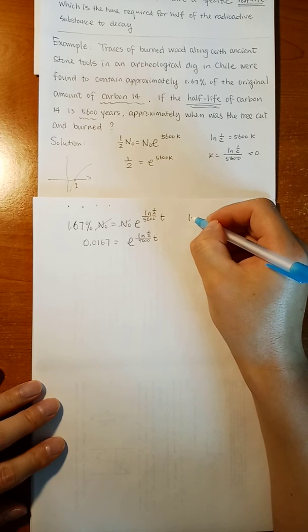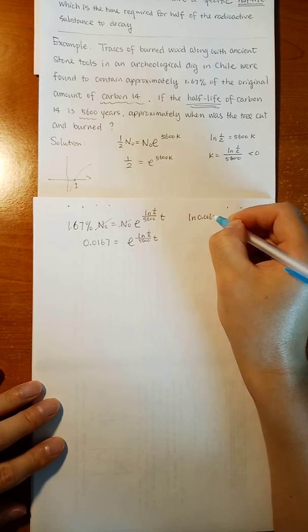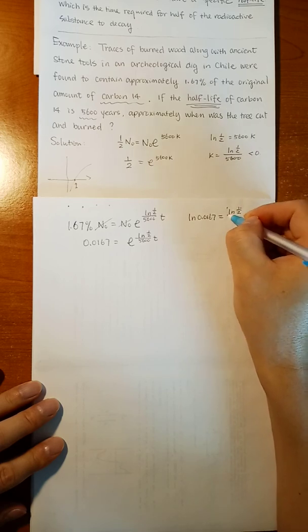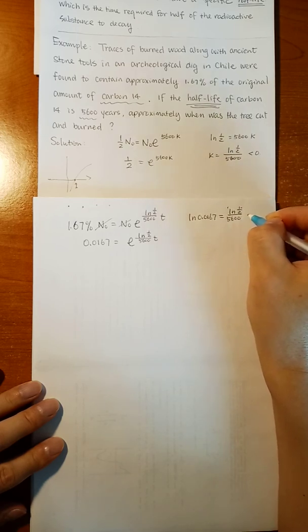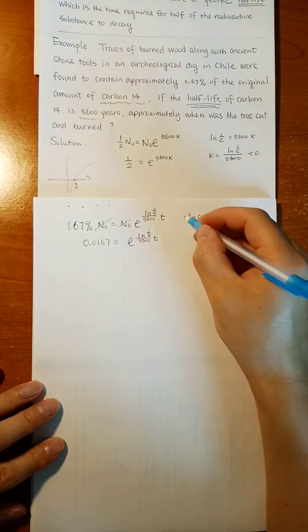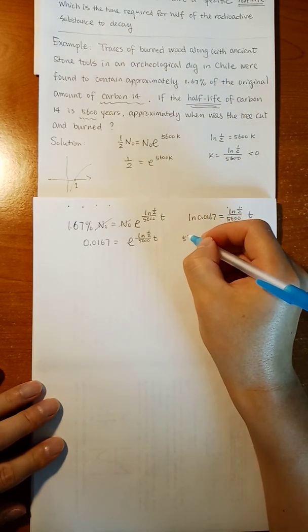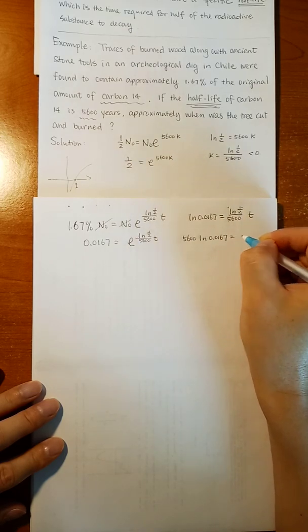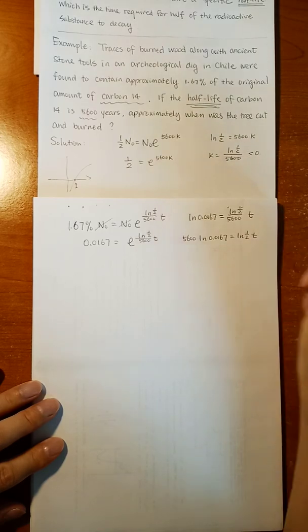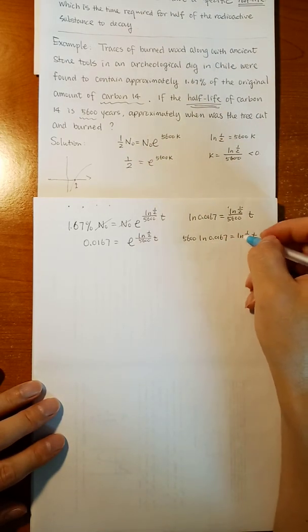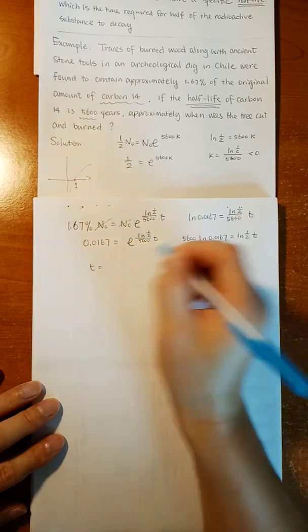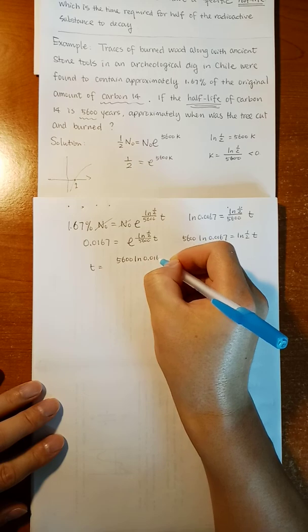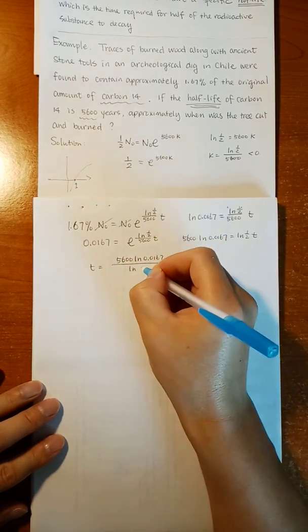Again, we get the natural log of 0.0167 is equal to the natural log 1/2 over 5600 times T. So we move this 5600 to the left side. It's 5600 times the natural log of 0.0167 equals natural log 1/2 times T. And we divide by the natural log 1/2. So we get T equals 5600 natural log 0.0167 over natural log 1/2.